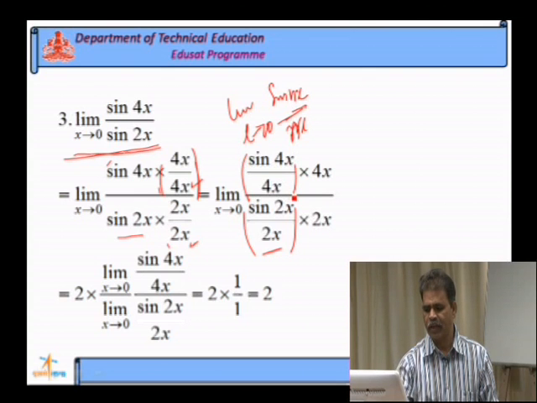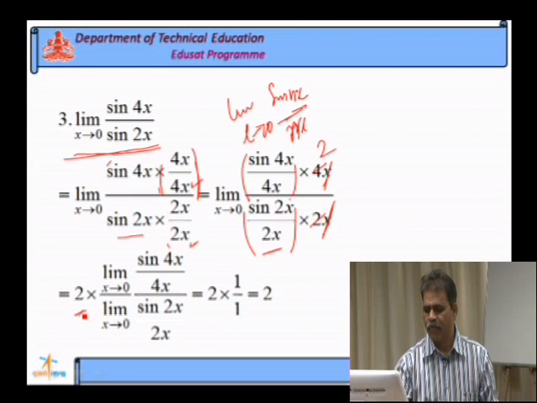This 4x is taken at the denominator of sin 4x. Remaining is 4x here and we have 2x. This x and this x get cancelled. 2 ones are 2, 2 twos are 4. So, remaining is this 2 into the remaining thing.